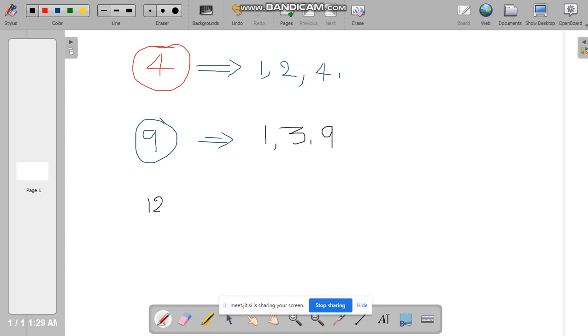Again one more number, 12 is there. Now for the 12 tell me that 1, 2, 3, 4, 6 and 12. Yes or no?